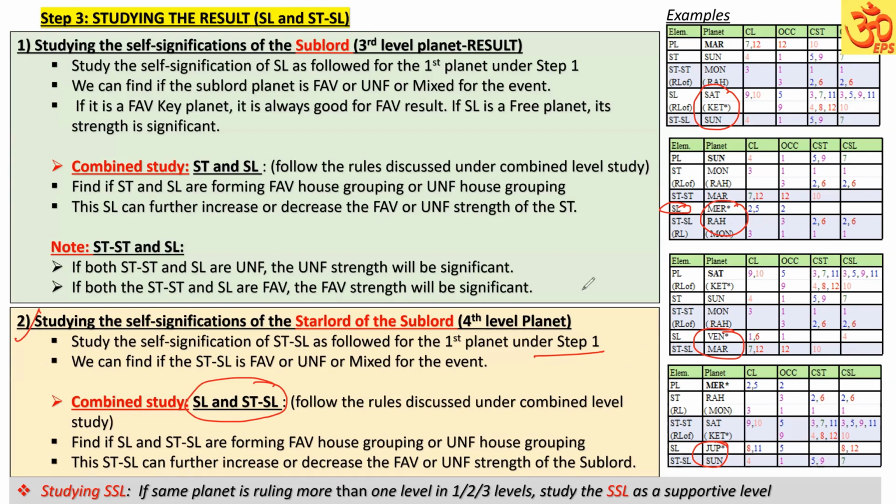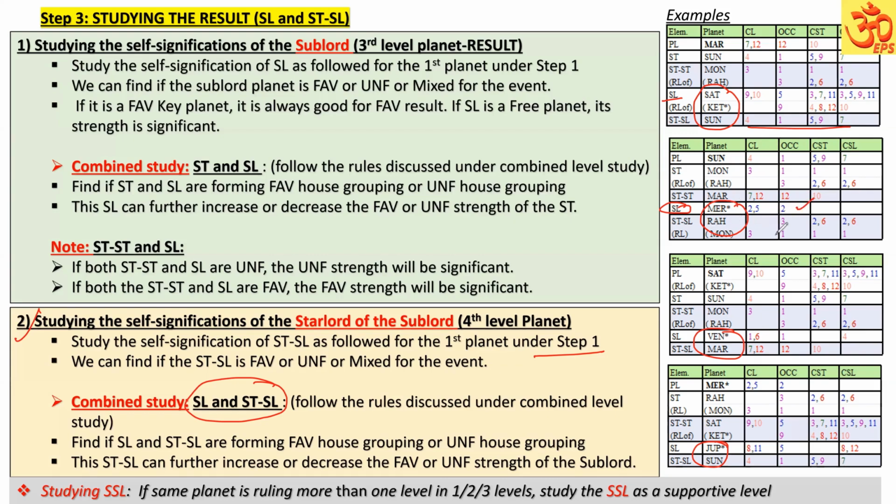Okay. Now we are coming to the sublord and the star lord of the sublord. Now you can see in this planet, Saturn is favorable, and the star lord of the sublord is also favorable. This is good. Then here Mercury, and the star lord of the sublord is Rahu.